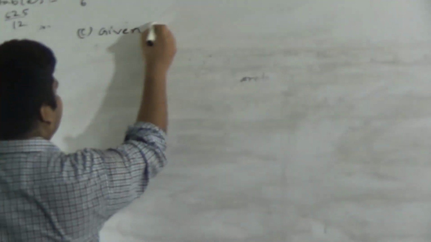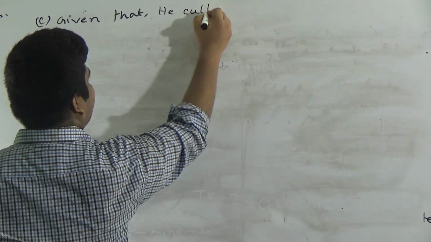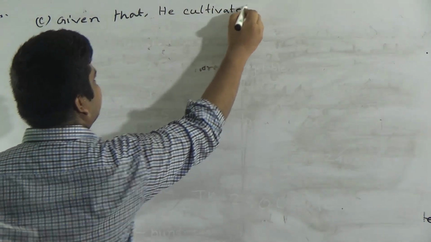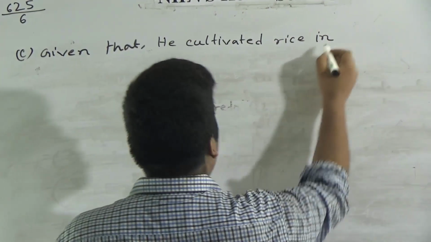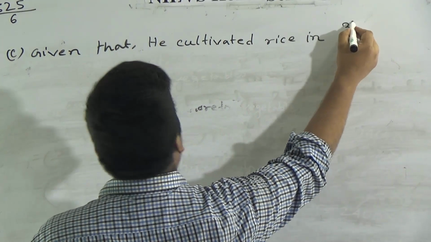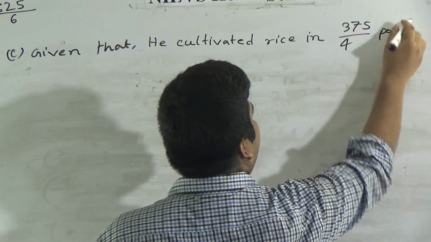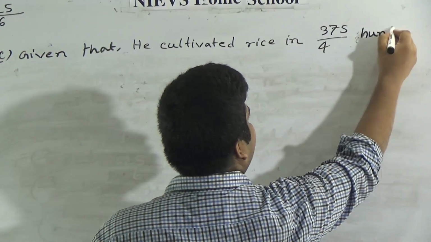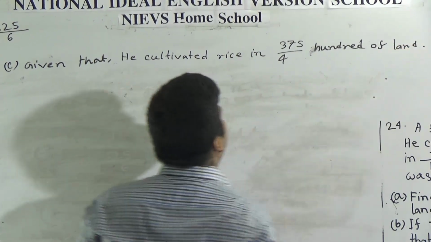So first of all we write C. Given that he cultivated rice in 375 by 4 hundredths of land.